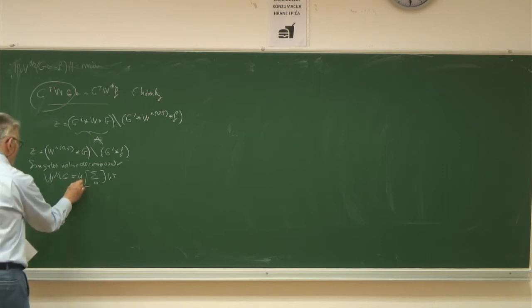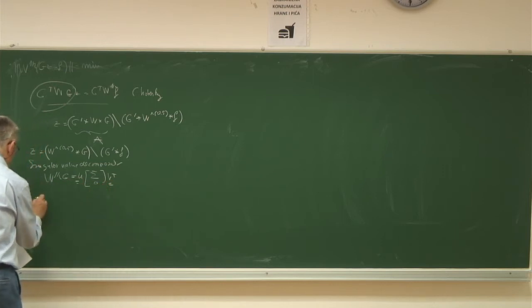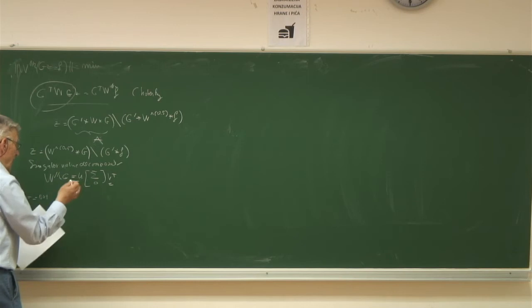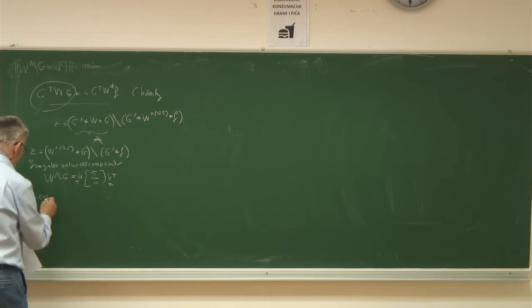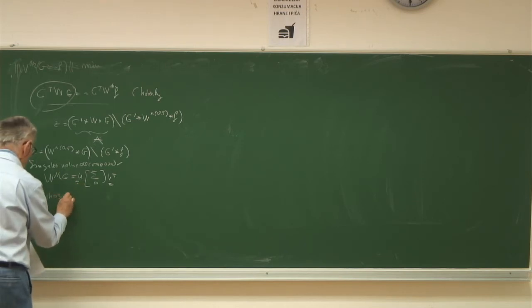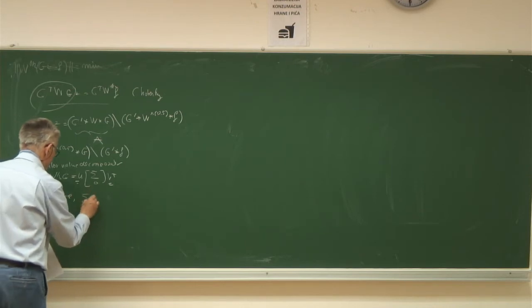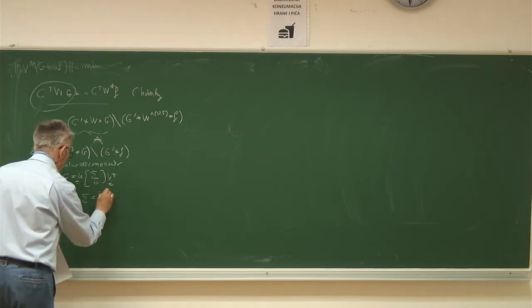Well, U and V are orthogonal matrices of corresponding dimensions. And sigma is diagonal.